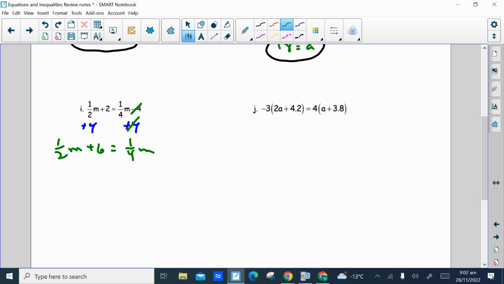We're going to get rid of the denominator by multiplying both sides by the common denominator. Our denominators are 2 and 4. The least common multiple of those two numbers is 4. So we have to multiply everything by 4, including that 6.